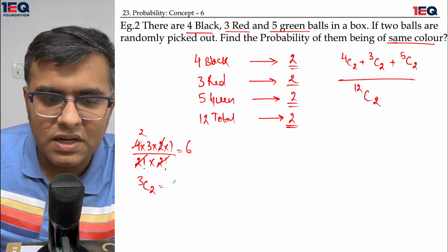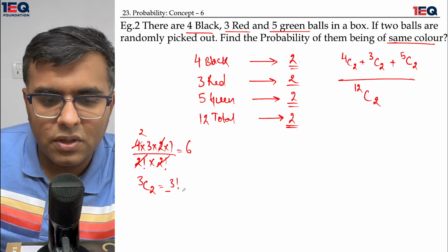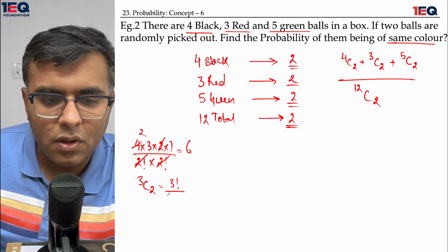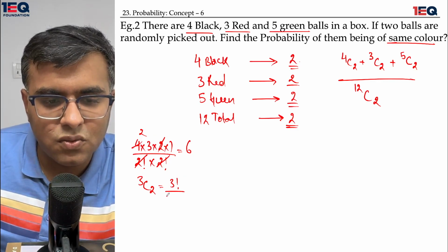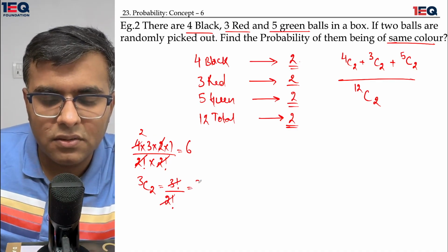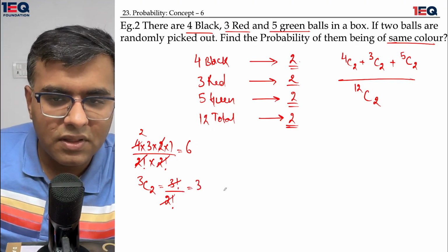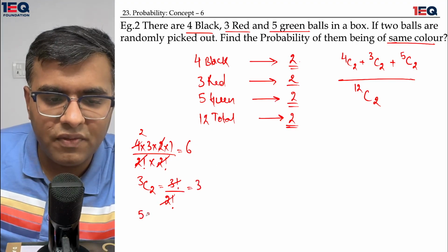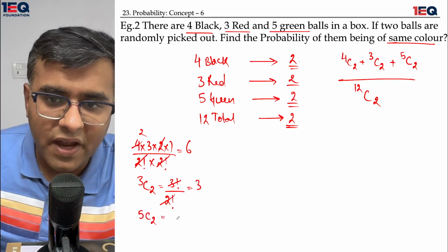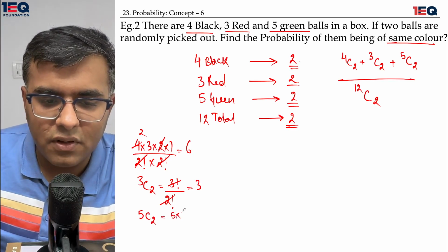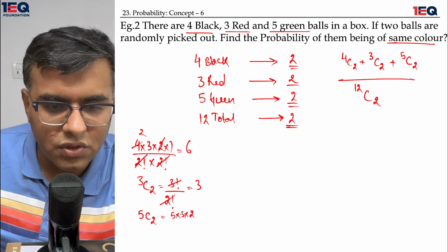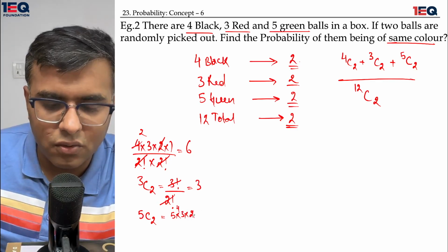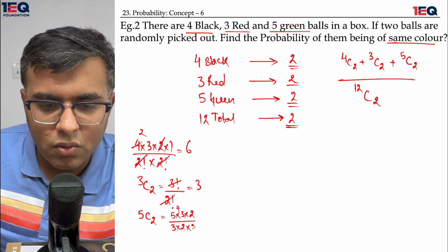3C2 stands for 3 factorial whole upon 3 minus 2 is 1 factorial and 2 factorial itself. This would give me 3 as my answer. Then talking about 5C2. 5C2 stands for 5 into 4 into 3 into 2, whole upon 3 into 2 into 2.